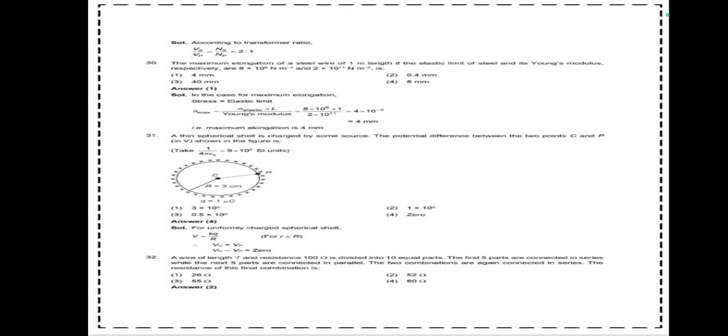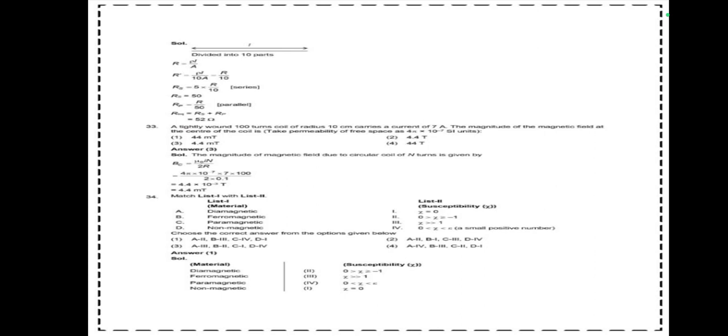A wire of length l and its resistance 100 ohm is divided into 10 equal parts. The first 5 parts are connected in series while the next 5 parts are connected in parallel. The two combinations are again connected in series and the resistance of the final combination is, answer is 252 ohm.